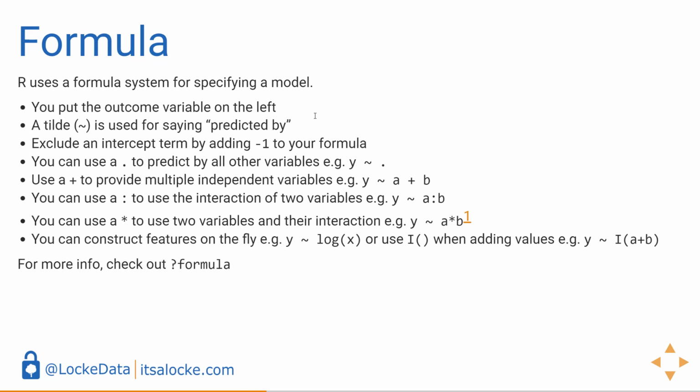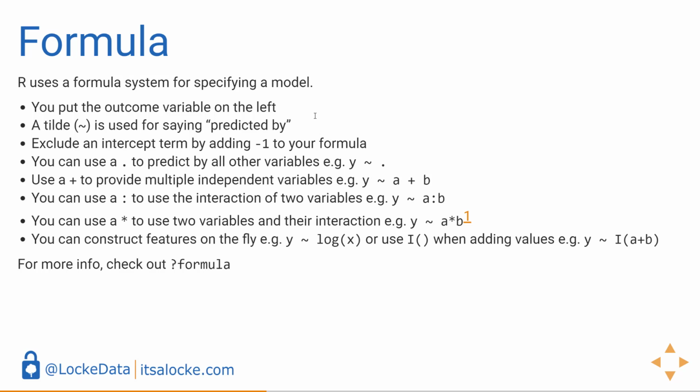I don't know how conversant you guys are with building models in R, so I just wanted to quickly run through how you would specify a model. Your outcome variable you always put on the left-hand side, and then to the right of a tilde you put any variables you want included in the model. By default we have an intercept, and you can remove that by putting -1 on the right-hand side of your formula.